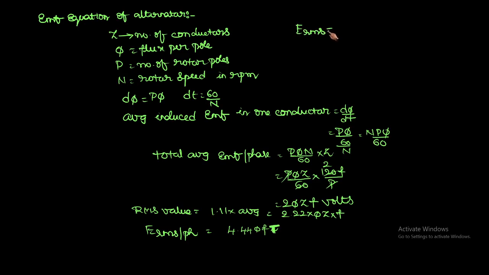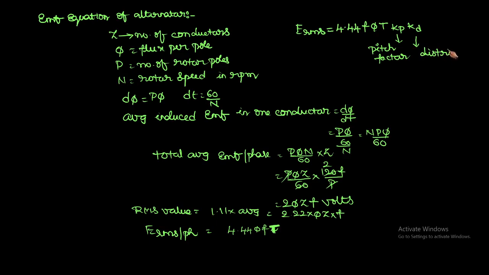And finally we have one more factor here. ERMS can be written as 4.44 F phi T Kp Kd. Kp is called the pitch factor. In your syllabus the derivation of Kp and Kd is not required, the formula is just given.